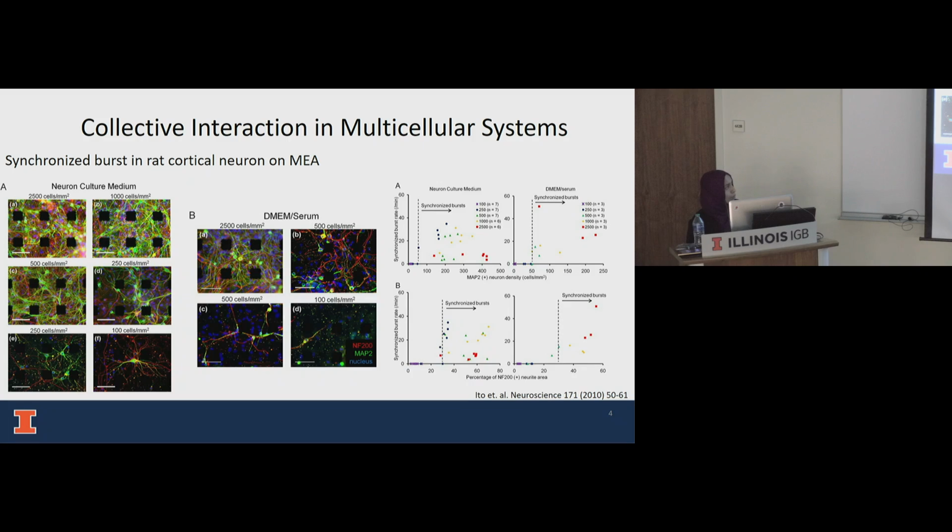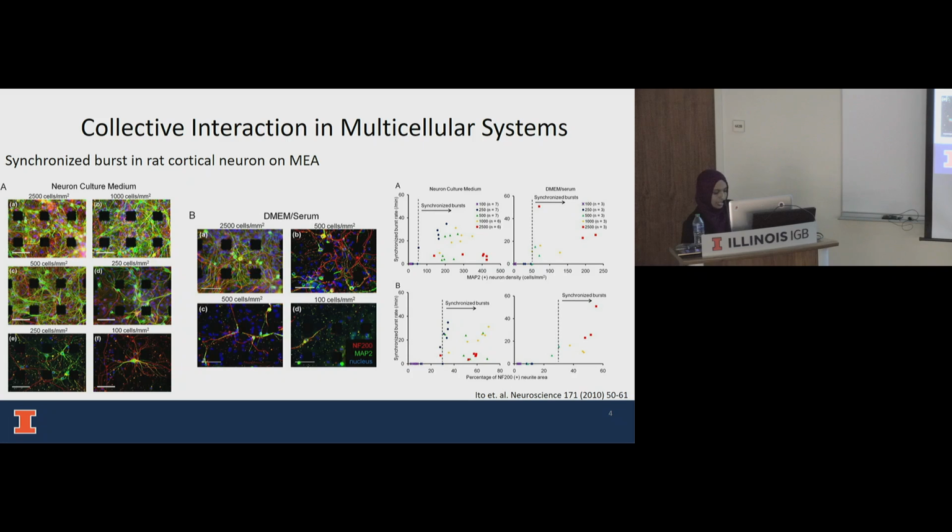However, if we go to a higher value, then we see these bursting patterns. And below this certain value, they also tested cell viability, which is also very poor. So it looks like there's a dependence between cell number and the emergence of collective behavior.